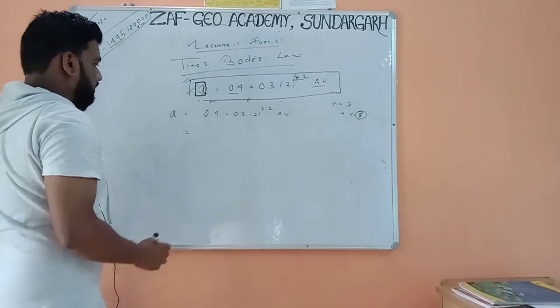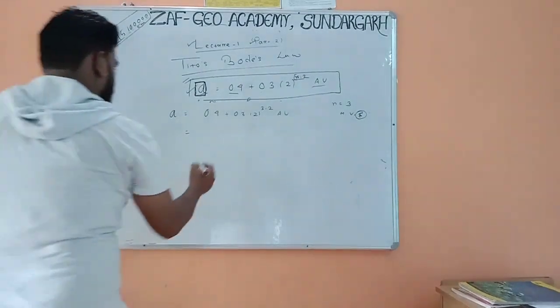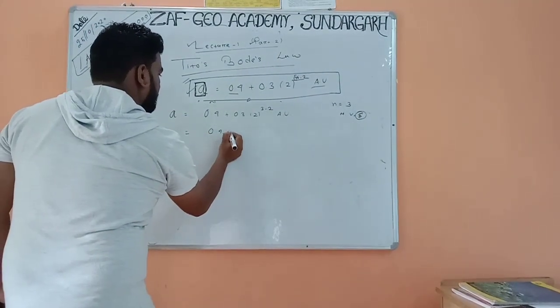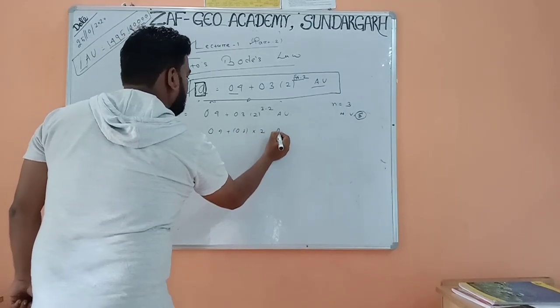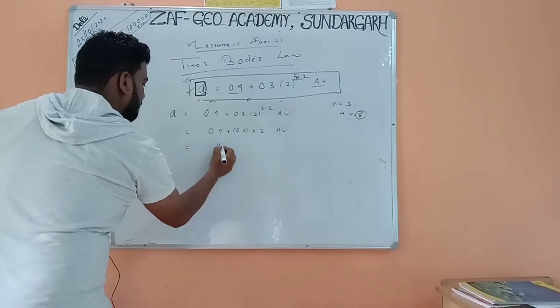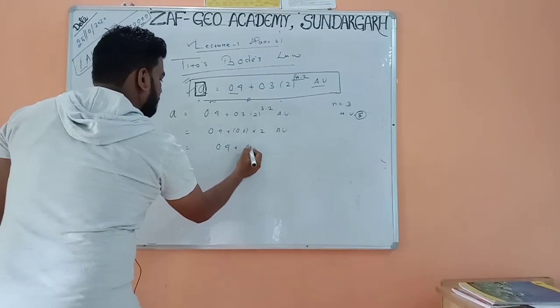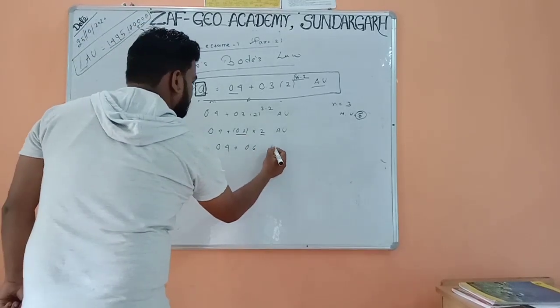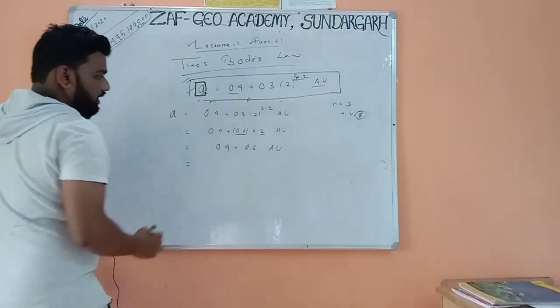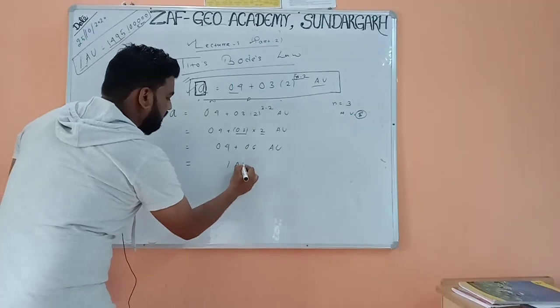So it will give 0.4 plus 0.3 multiplied by 2 astronomical unit. So 0.4 plus 0.6, 0.3 into 2 is 0.6 astronomical unit. Now the answer comes to 1 astronomical unit.